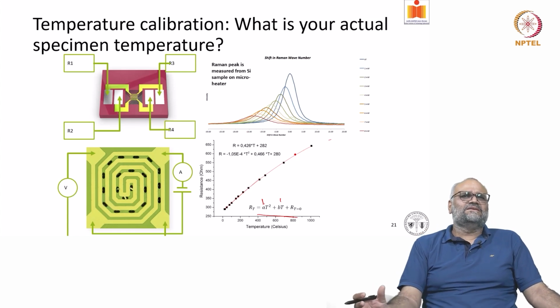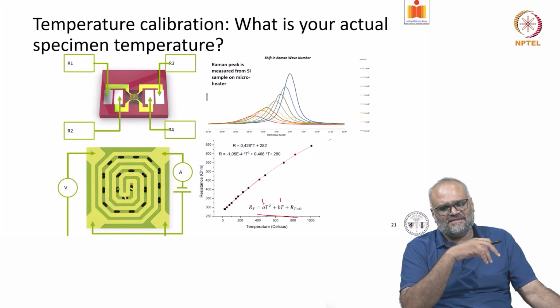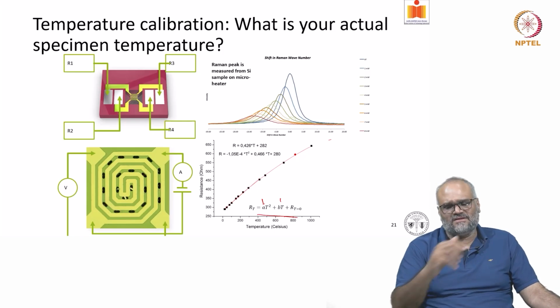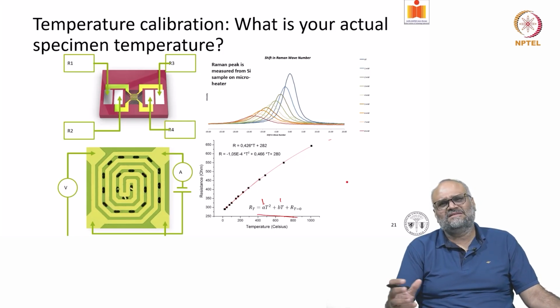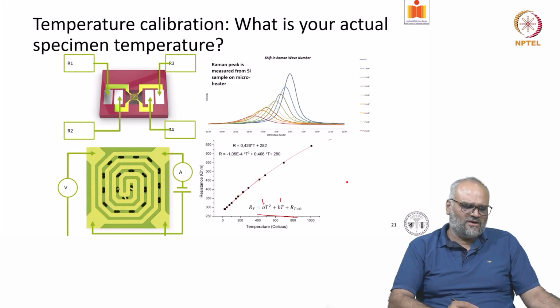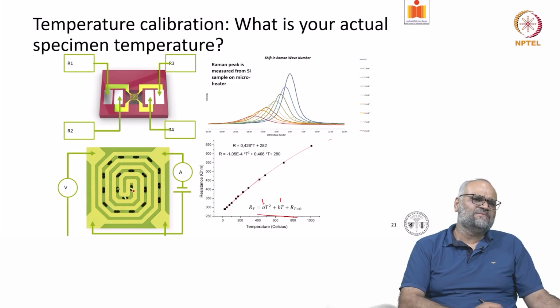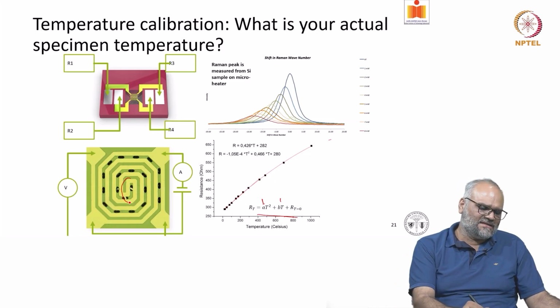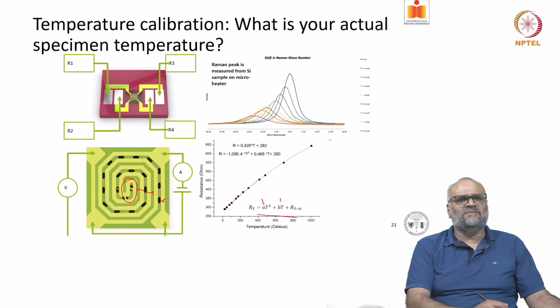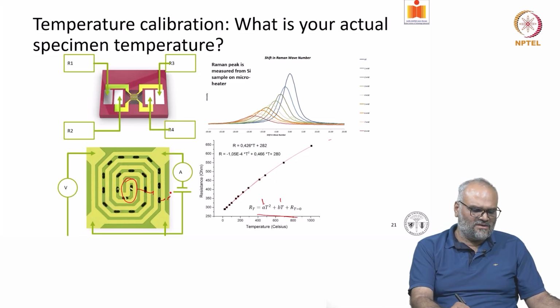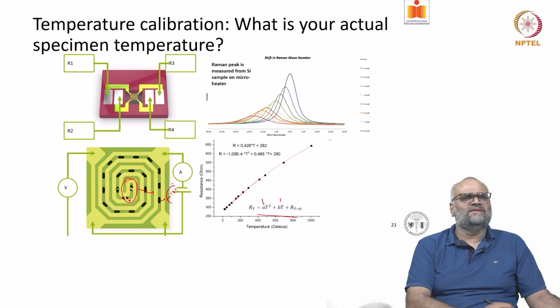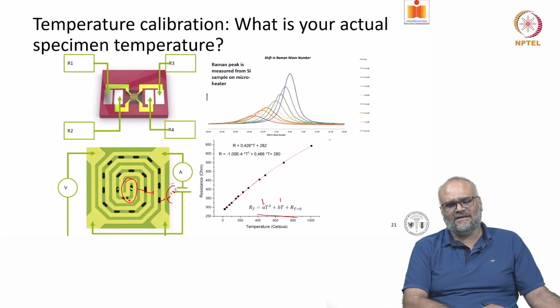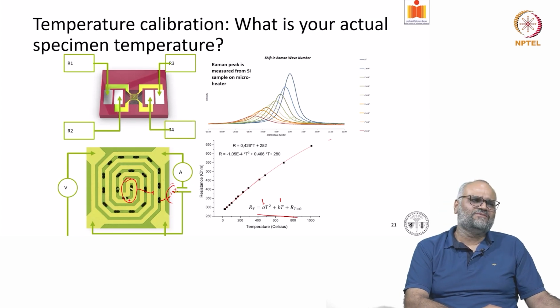And with these calibration curves, you are sure that you are more or less within plus or minus 5 to 10% depending on where you are placing the specimen. Right at the center, it is pretty much accurate, but as you go farther away, the temperatures drop by around 12% from the center, and newer designs of heaters are being produced to compensate for this.